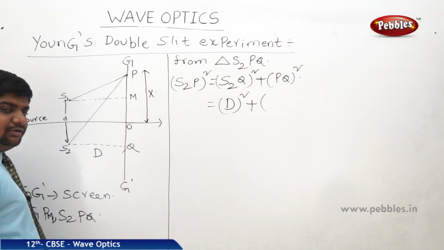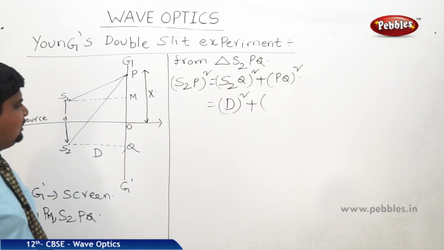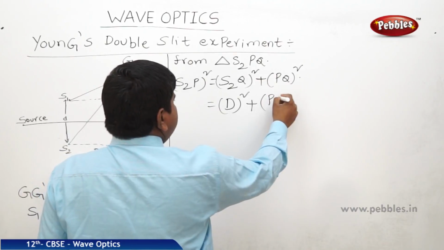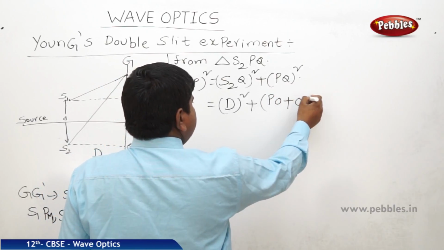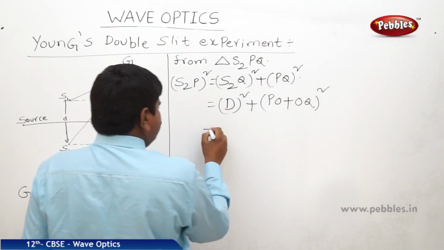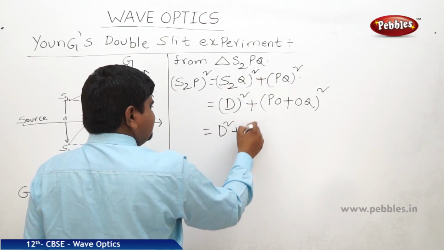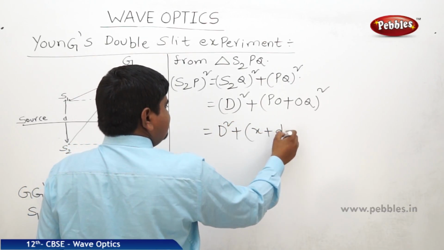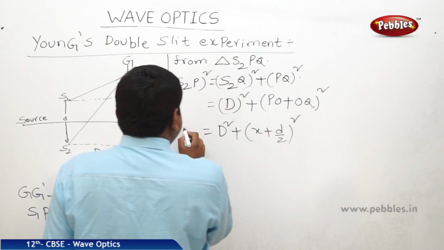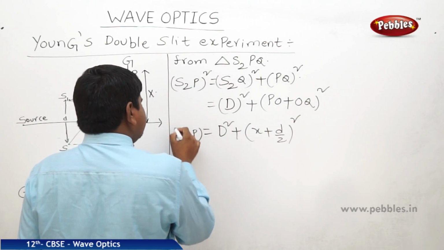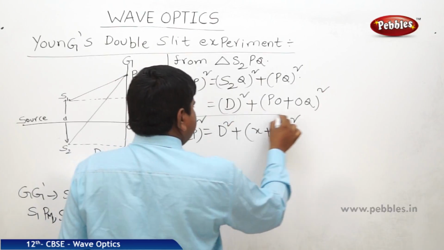So therefore OQ is equal to d by 2. So we can write PQ is equal to PO plus OQ whole square. Therefore it is D square plus x plus d by 2 whole square is equal to S2P whole square. This is equation 1.